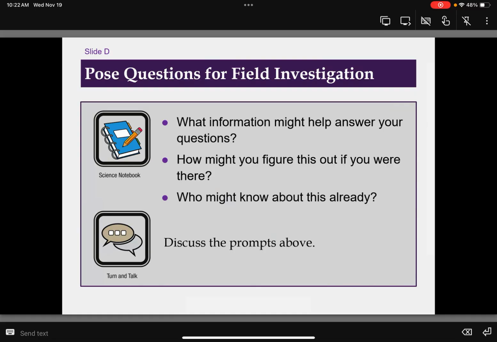Okay, how are we going to do that? By gathering our own data. Are we going to go there and gather our own data? Unfortunately not. Field trip? Unfortunately not. How else can we get this information? Looking it up, asking scientists, people who are already there.